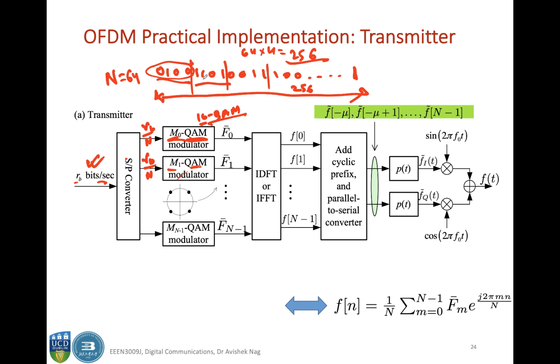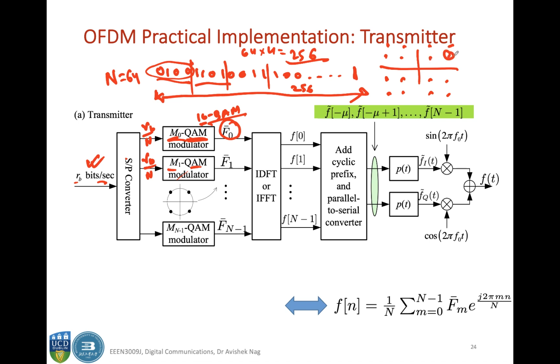So that is basically the corresponding F0 bar. If you have a 16 QAM, let's say this 0100 corresponds to this.